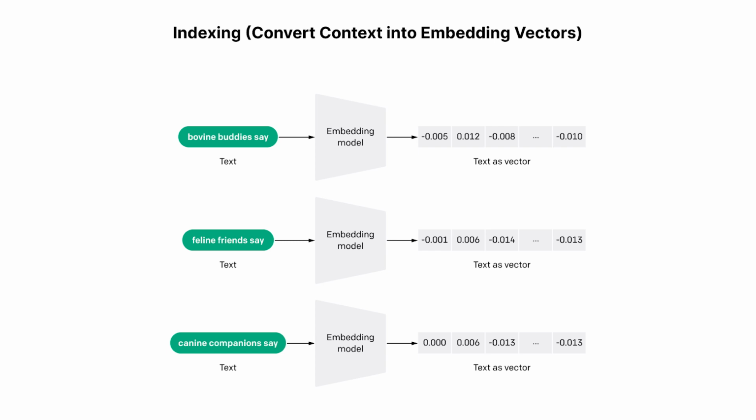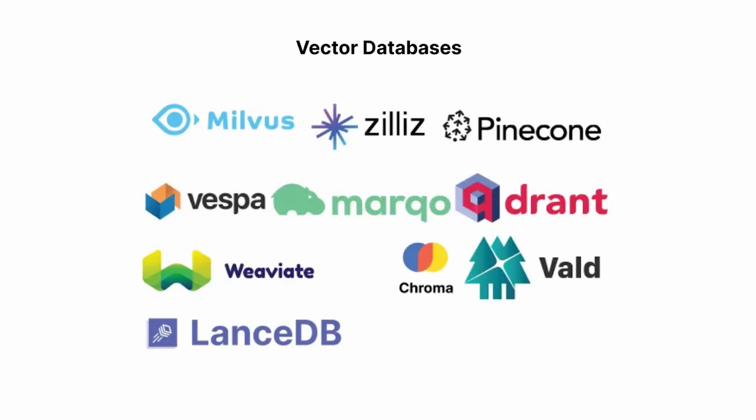After converting to numeric values, you want to store them somewhere in a vector database. There are a lot of vector databases available out there. You can search for them on the internet, and you can also find them in the LlamaIndex official documentation. And guys, so a vector is basically these numbers converted to numerical form, right?